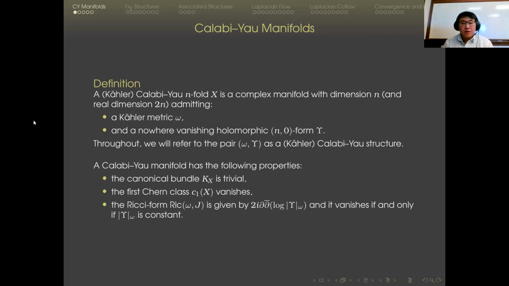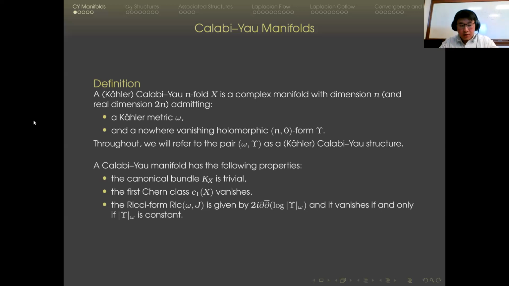Okay, so starting with Calabi-Yau manifolds, we'll take our definition. The manifolds that we'll be working with are all going to be Kähler, and we're implicitly just going to assume that they're all compact, so everything's good. We will take our definition of Calabi-Yau to be complex with dimension n, and it has a Kähler metric and a nowhere vanishing holomorphic n-form upsilon.